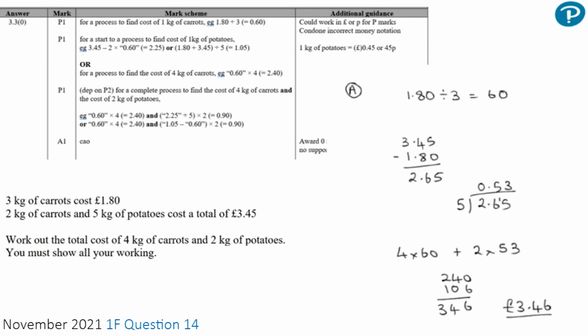And whilst they haven't used 1.8 divided by 3, well they have, but they've then put it as 60, it is the 1.8 divided by 3 that's given them the marks, not the 60. The 60 is nothing wrong, but arithmetically it's not correct, whilst it's 60p. We know what they mean.